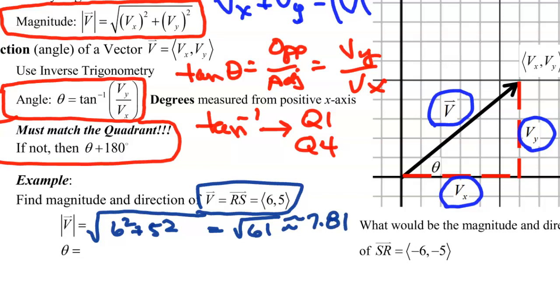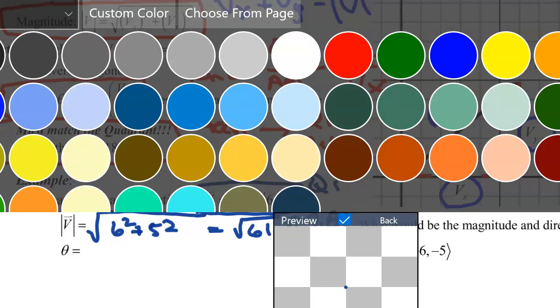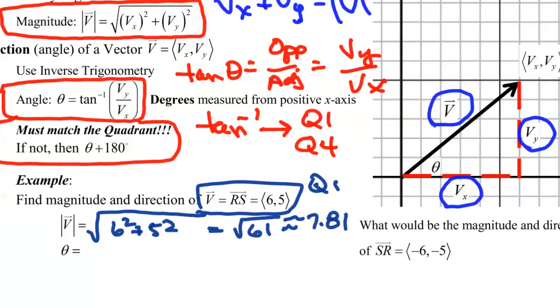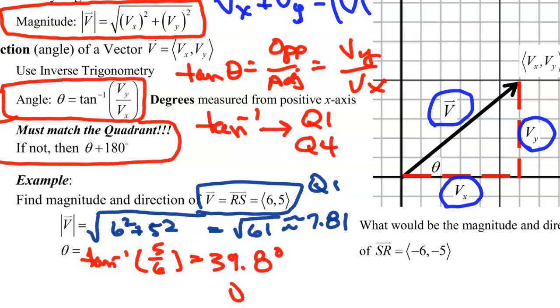The vector 6, 5 is in quadrant 1. So when I want to do my angle, I'm going to do inverse tangent of the y over the x. I get 39.8 degrees, which is also in quadrant 1, which checks out. The vector 6, 5 is in quadrant 1. My inverse tangent is an angle in quadrant 1. I am good.